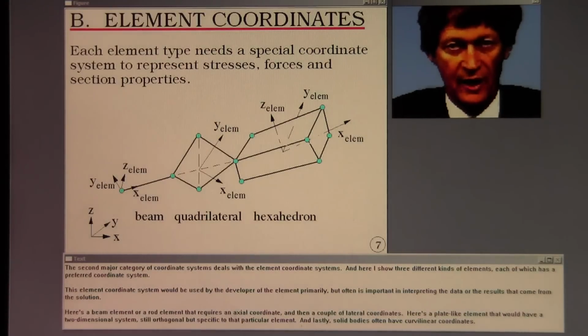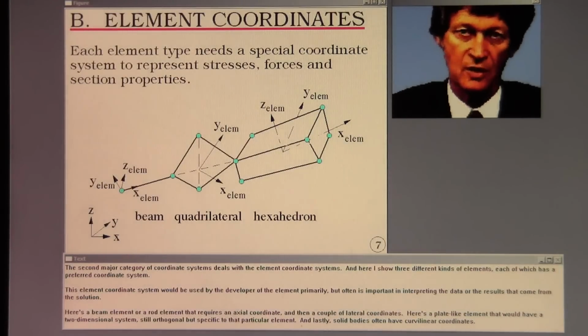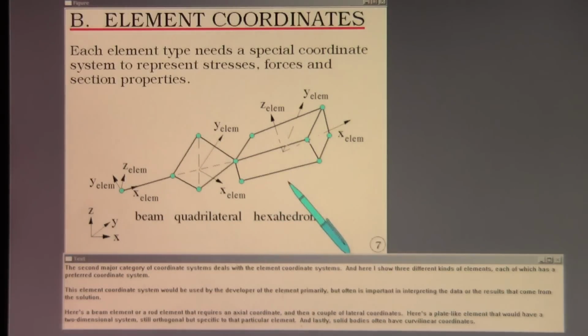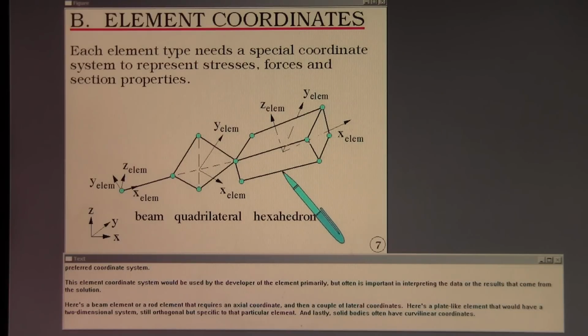The second major category of coordinate systems deals with the element coordinate systems. And here I show three different kinds of elements, each of which has a preferred coordinate system. This element coordinate system would be used by the developer of the element primarily, but often is important in interpreting the data or the results that come from the solution.